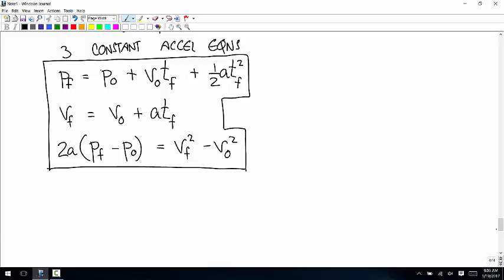Okay, so to use these, these are the 3, sometimes 4 steps. First, you have to choose instants corresponding to T0 and T final.